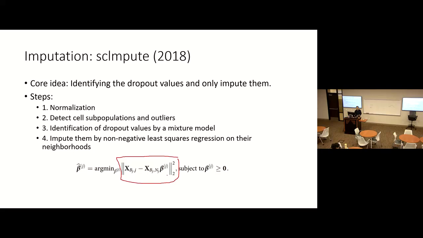When you put a 2 here, this is called the L2 norm. Then the squared: they basically square the difference between this and that.